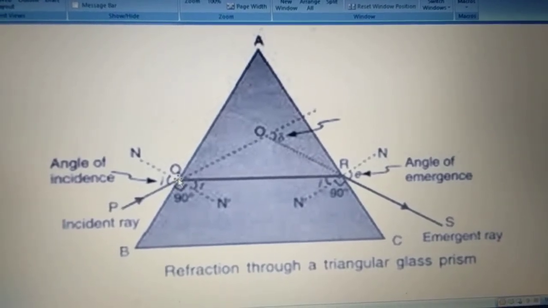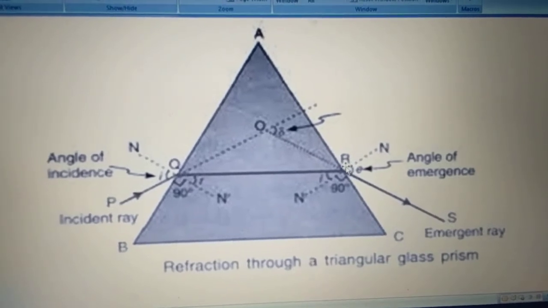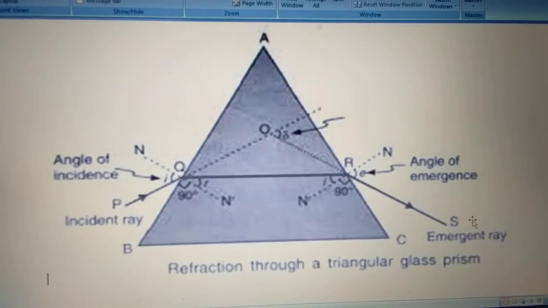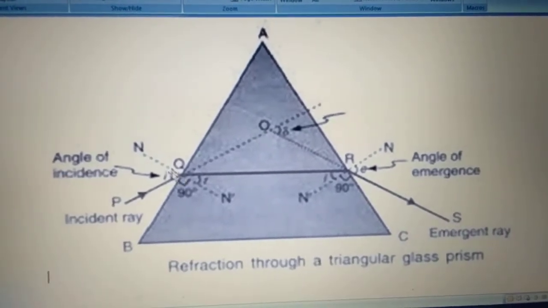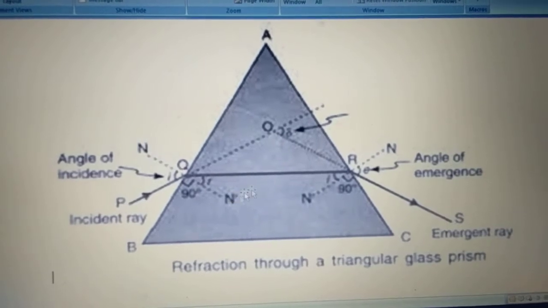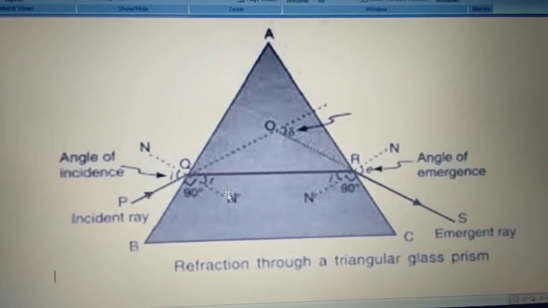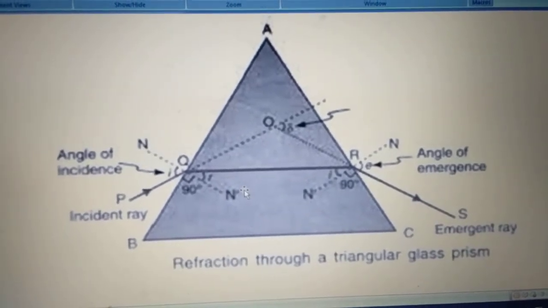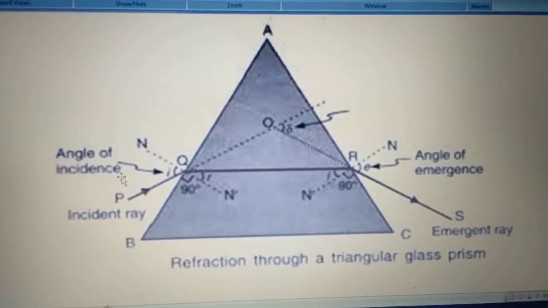PQ is the incident ray and QR is the refracted ray, and RS is the emergent ray. Here N is the normal, and here also N dash. The angle between the normal and the incident ray is termed the angle of incidence.